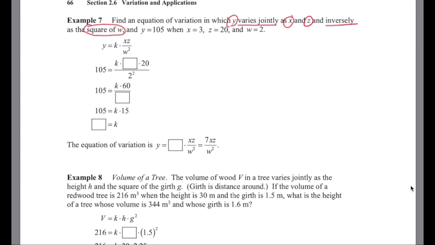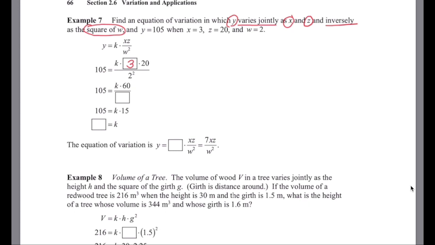So we just need to identify what is our k value. So going across, we have y is equal to k times xz, the varies jointly, divided by w squared, inverse of the square of w. Plugging our values in, I have 105 is equal to k times 3 times 20, x and z, divided by w squared, so 2 squared.